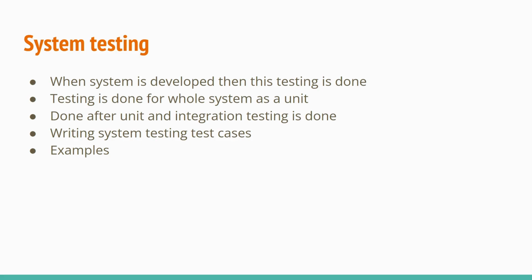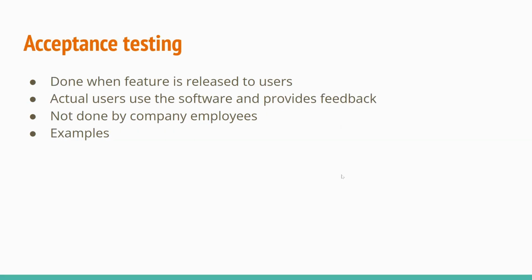The system can fail anytime, right? So as a QA engineer, we have to make sure that the system doesn't fail. So that's why system testing is done, and it is only done when the integration testing and unit testing are completed.